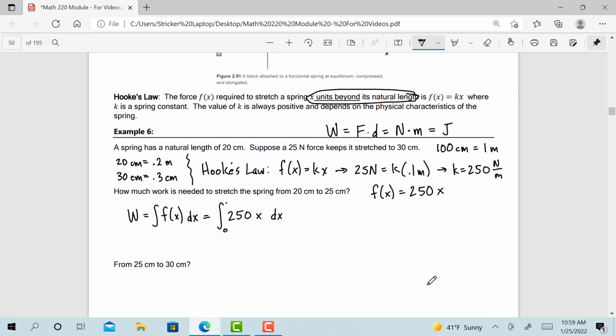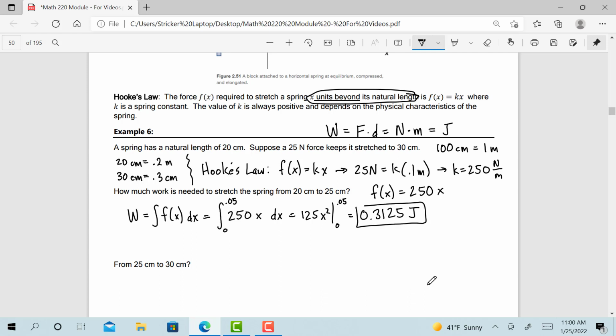So it's going to be 0.05 meters. Then we integrate, and we get 125 x squared from 0 to 0.05, and that comes out to 0.3125.